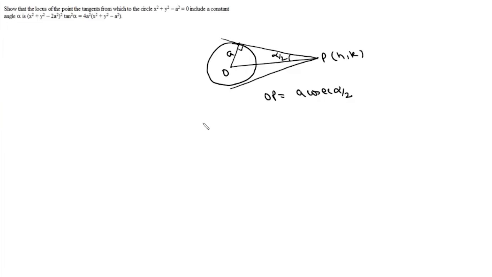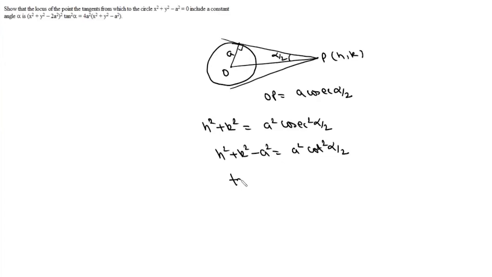Now we can write this OP square as h square plus k square, and it will be equal to A square cosec square alpha by 2. Now we have to write this equation in terms of alpha, not alpha by 2. We'll write cosec square alpha by 2 as 1 plus cot square alpha by 2. So here it will be h square plus k square minus a square, and it will be a square cot square alpha by 2.